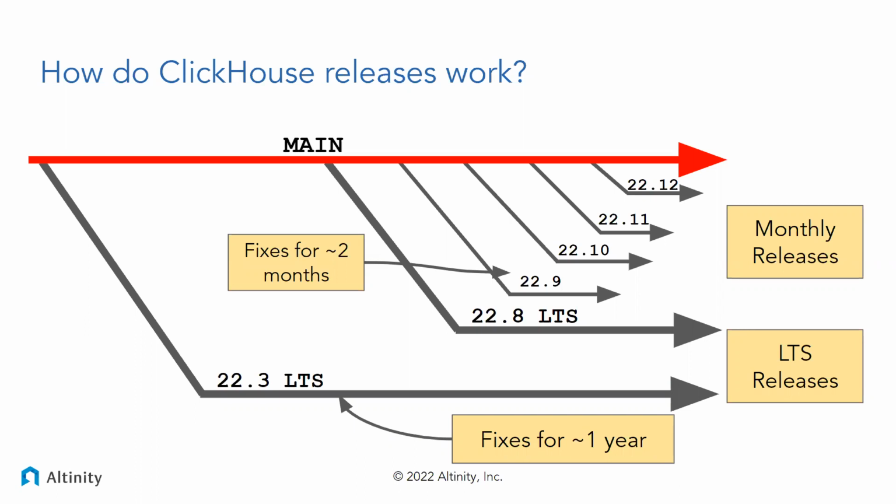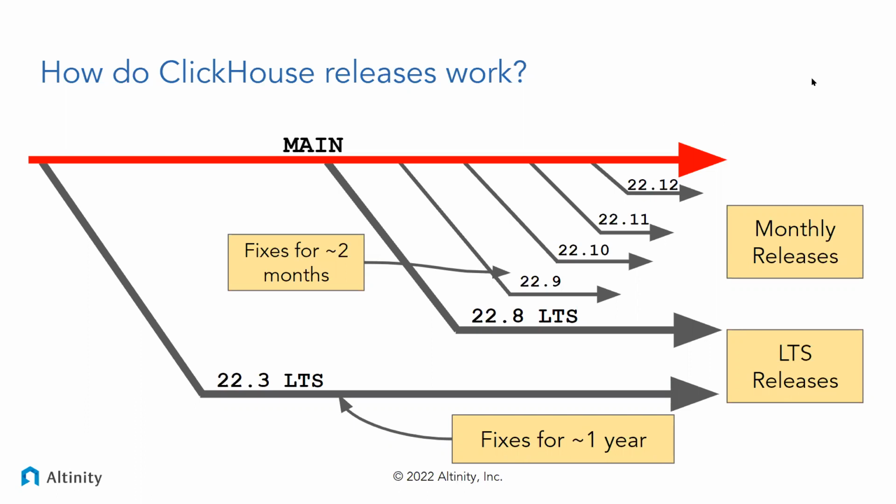And twice a year, upstream creates an LTS version. Usually those are created in March and August, hence the 22.3 and 22.8 you see here on the slide. And those receive fixes and updates for about 1 year.